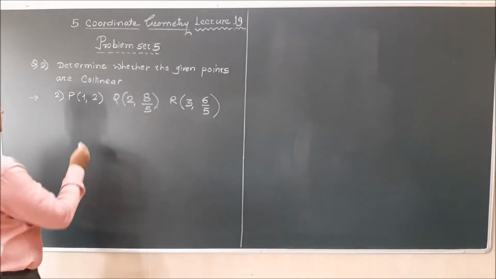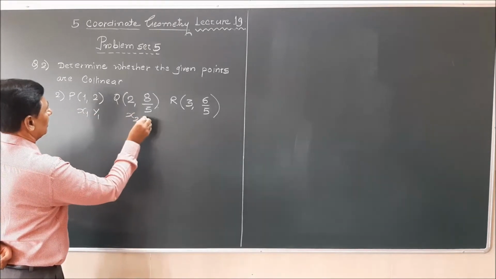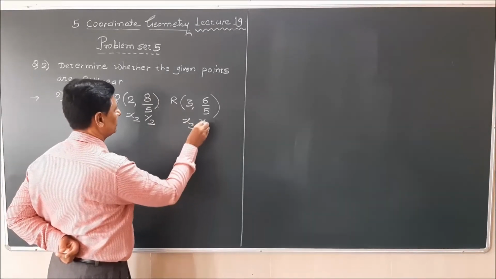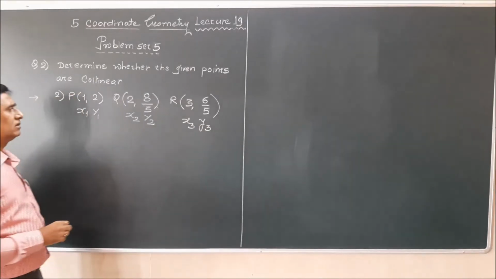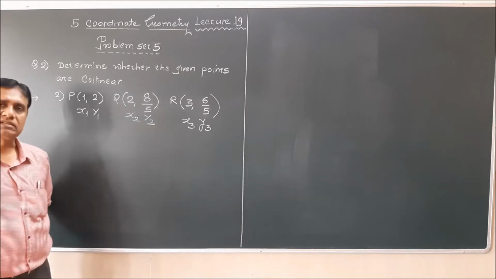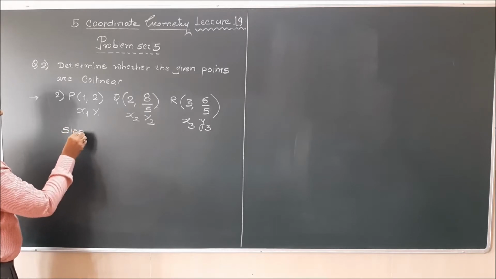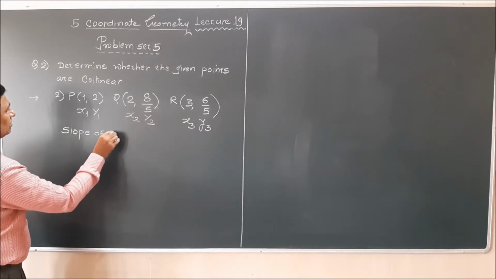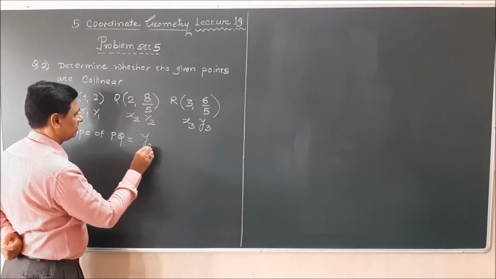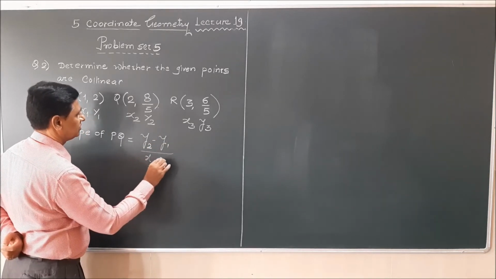So label them again in the same way as the previous one. I label the coordinates of P, Q, R as x1, y1, x2, y2, and x3, y3. The slope of PQ is equal to y2 minus y1 upon x2 minus x1.